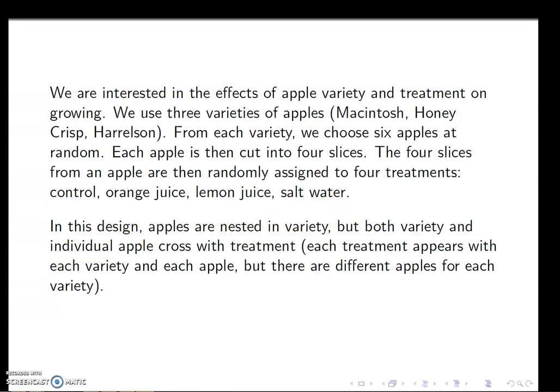Because you can't have an apple slice from 2 different varieties. You can't cross that. But both variety and individual apple cross with treatment. So each treatment appears with each variety and each apple. But there are different apples for each variety. That makes sense. That is a nested design by necessity, by physical necessity.